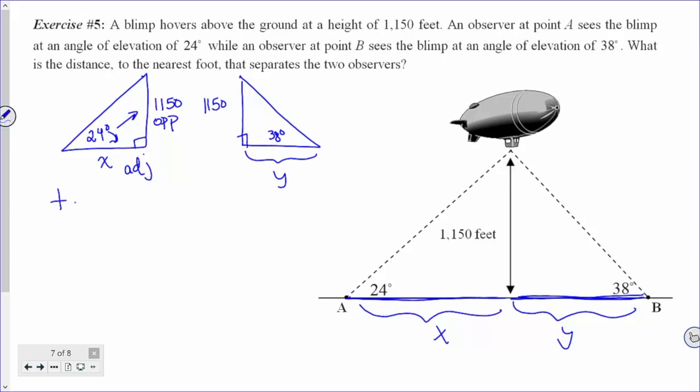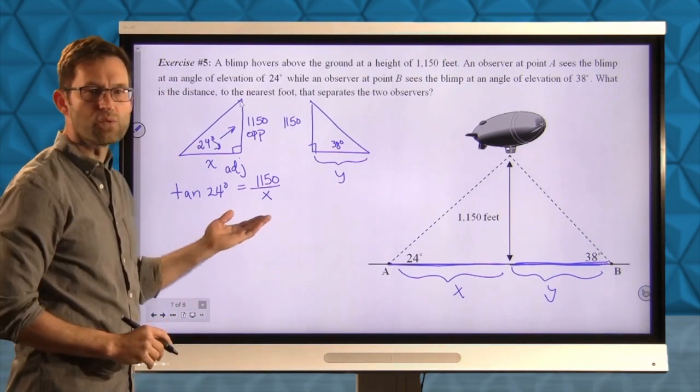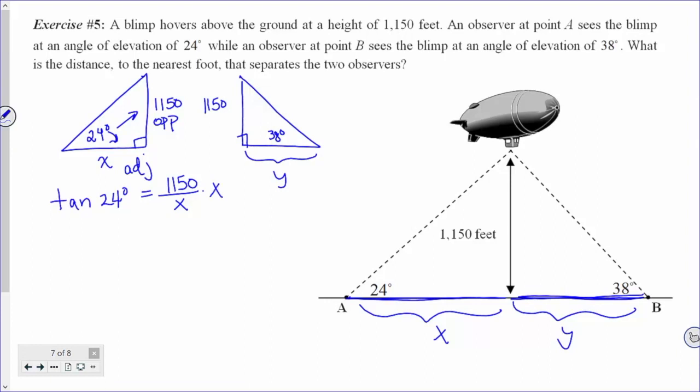So the tangent of 24 degrees is equal to the side opposite, 1,150, divided by the side adjacent, x. A little bit annoying because what we're solving for is in the denominator of this ratio. But we can multiply both sides by x, cancel that out, then divide both sides by the tangent of 24 degrees to get the x all by itself.